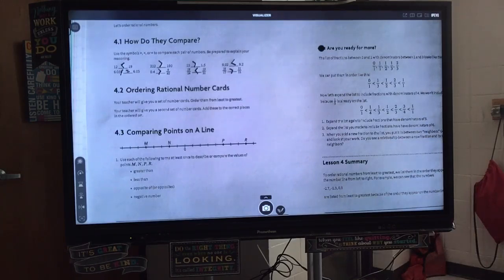Okay, so it'd be 2 and 2 thirds, which is bigger than. What is this? What is that? What is number 4? 4, 5.